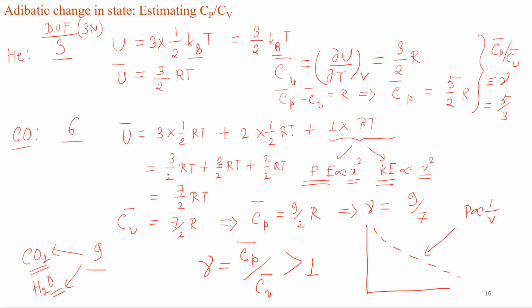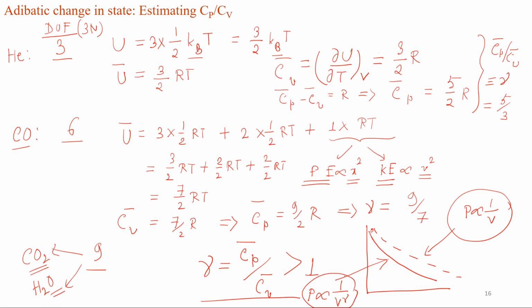However, for adiabatic change you see that the curve will be steeper because now it follows an equation which is P proportional to 1 by V to the power gamma, where gamma is greater than 1. So the fall off will be steeper for an adiabatic case than for an isothermal case, because for the isothermal the equation is P proportional to 1 over V.